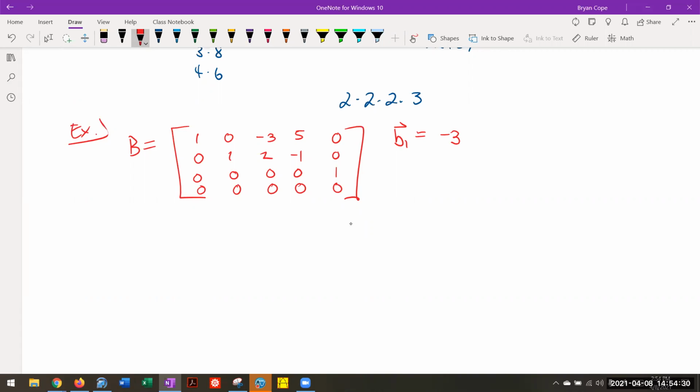B3 is equal to -3 B1 plus 2 B2. The third column is -3 copies of B1 plus 2 copies of B2. And B4 is equal to 5 copies of B1 minus 1 copy of B2.